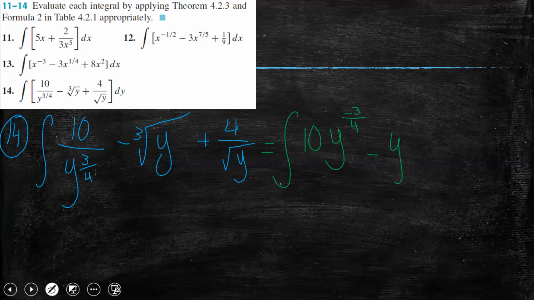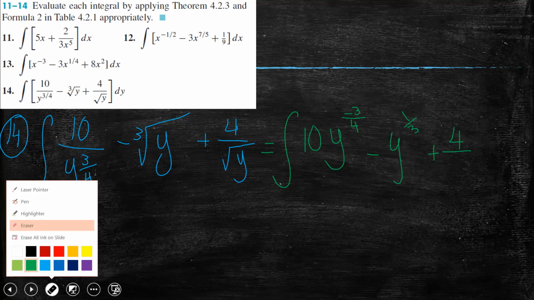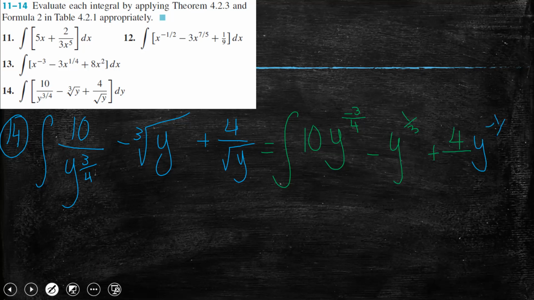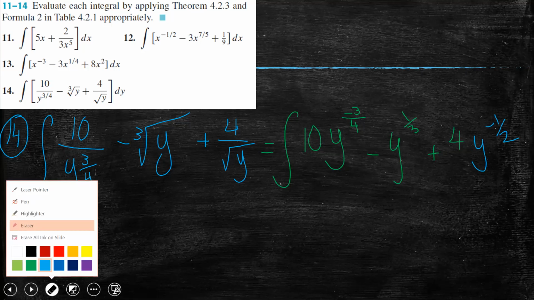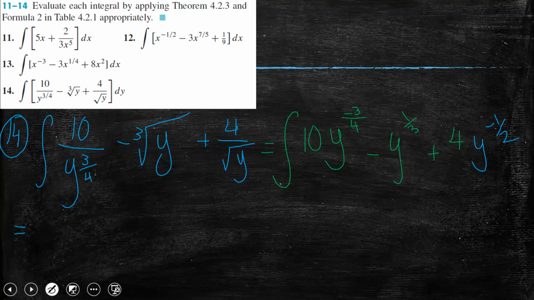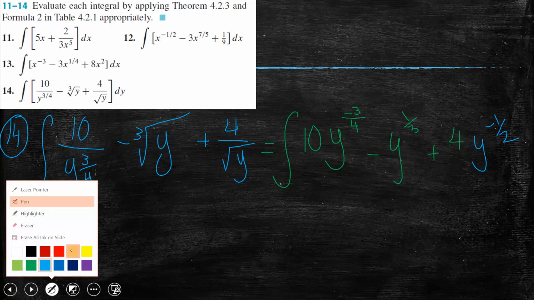It is y to the power what? 1 over 3. Plus 4 over square root of y, which is y to the power 1 over 2, sorry. So if I write it up, it's like y to the power negative half. Let's now find the integration here.